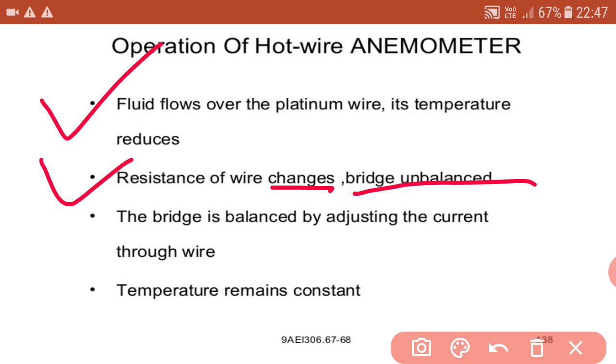We have assumed that initially the bridge is balanced. So whenever there is a change in resistance of the wire, the bridge will become unbalanced. The bridge is balanced by adjusting the current through the wire, and the temperature remains constant.